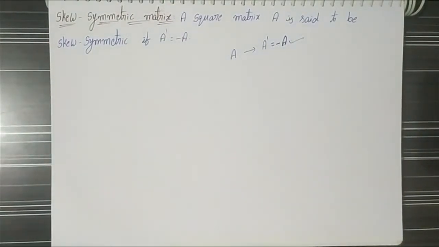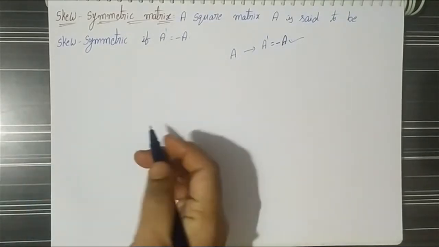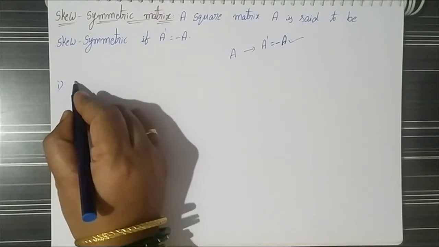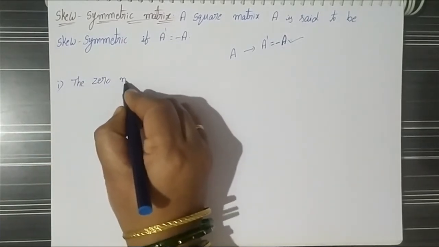Here also we have some points about skew symmetric matrices. The first point is the zero matrix.